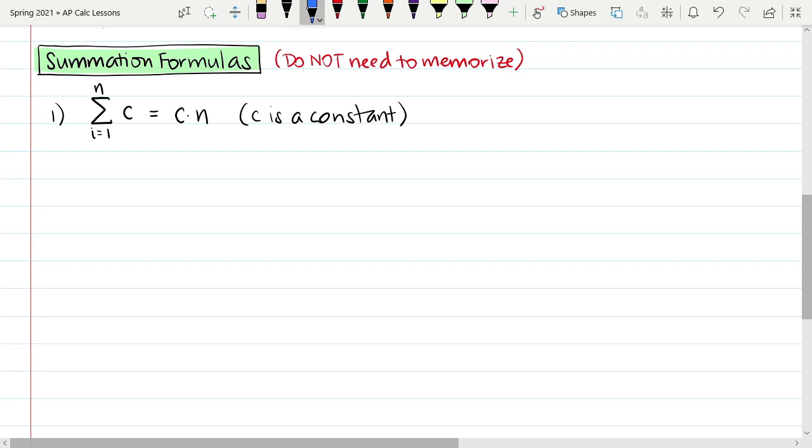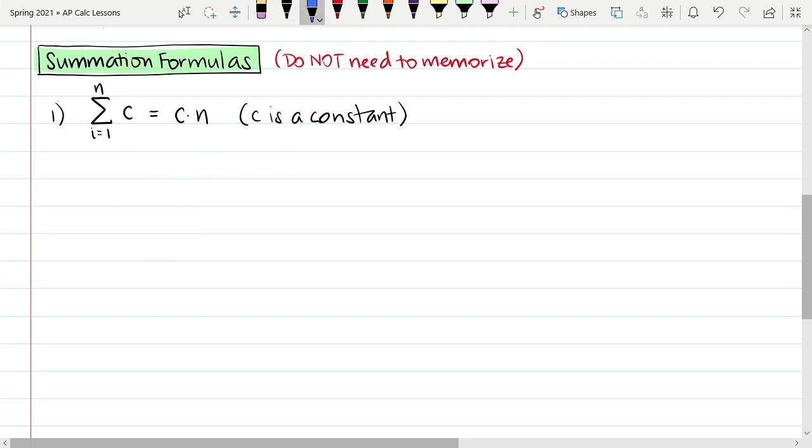And if you think about why this one works, if i equals 1, my a sub 1 is going to be a c, plus my a sub 2, which is still a c, plus a sub 3, which is c, plus dot dot dot, all the way up until I get to my a sub n, which is still c. So I'm adding c n times, and that's why this summation is just equal to that constant times n.